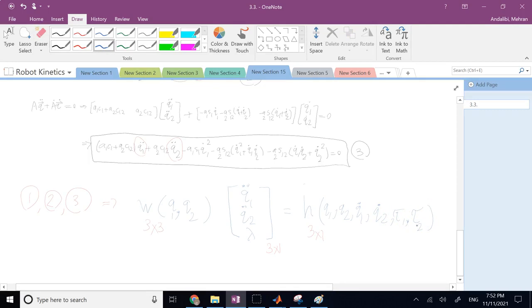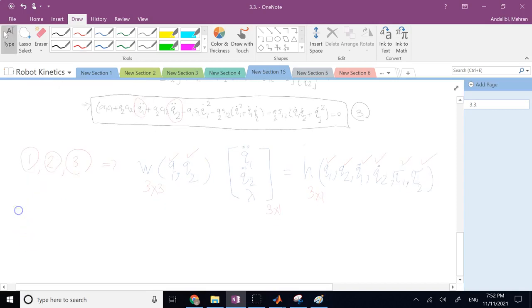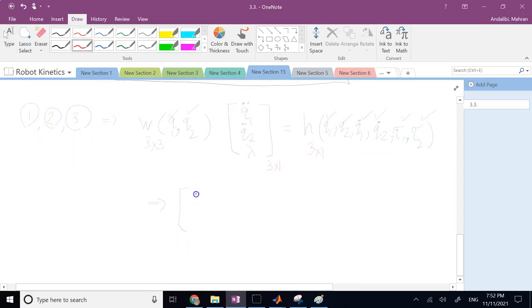And so if you start from some initial condition, meaning you have the q values, and the torques are given to you, so everything is known. This w is known, and then the unknown vector is going to be w inverse times h.